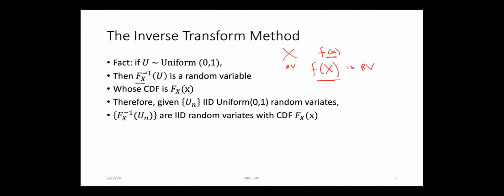And so if I take an ordinary function and apply it to a random variable, then what do I get? Another random variable, right? Am I going too slow? Okay.